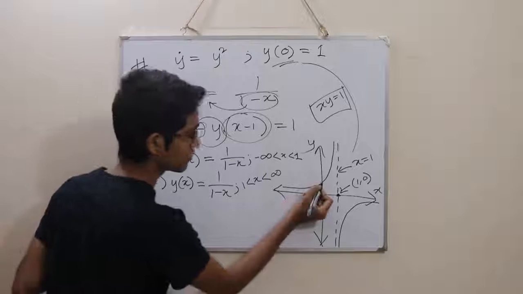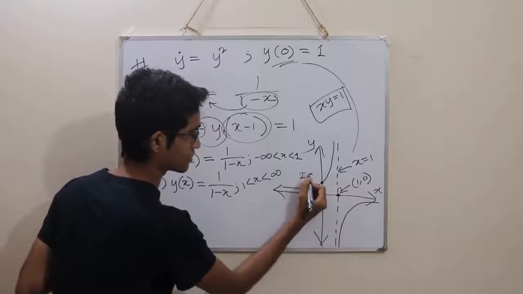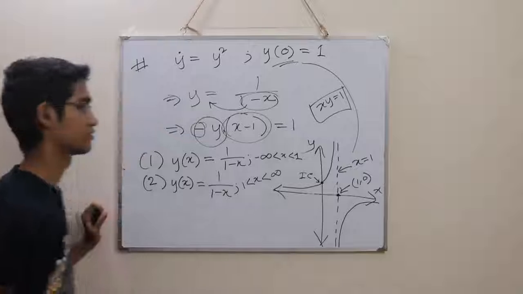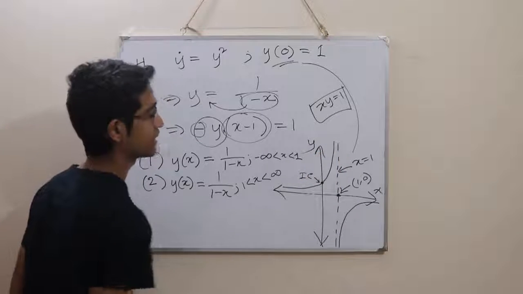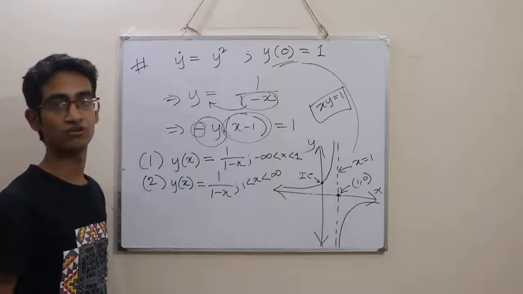We are given the initial condition at this point. This is the initial condition point. So we see that this is the line that contains our initial condition.